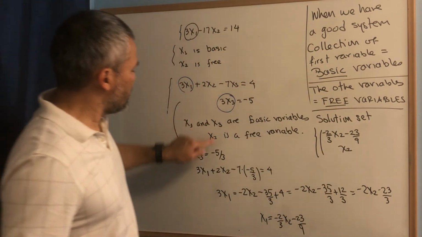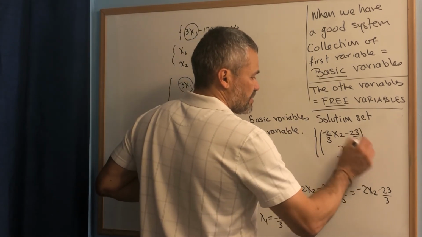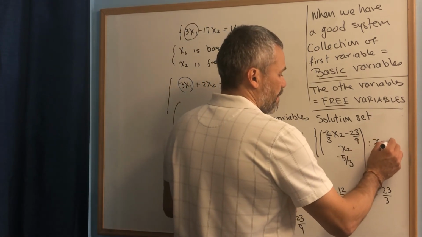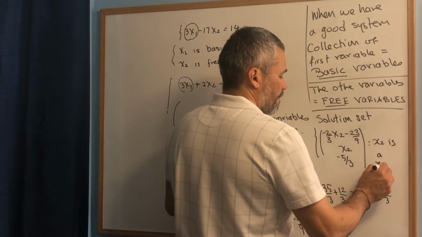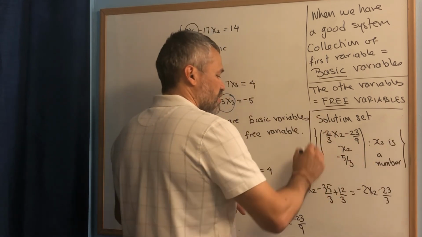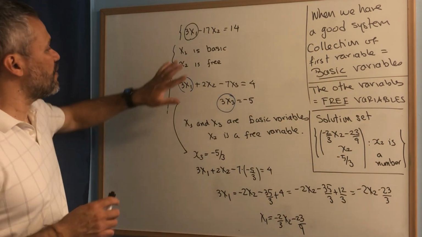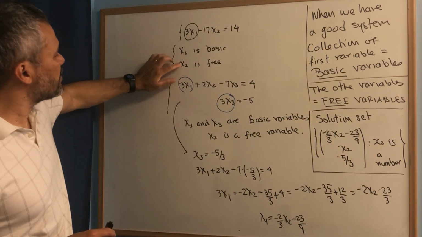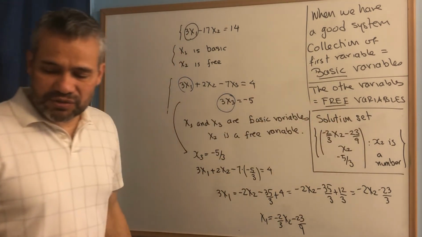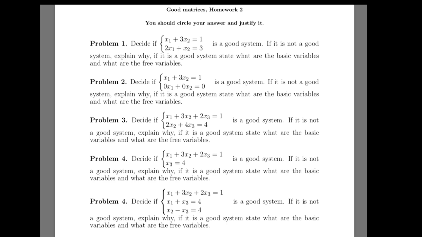And x3 is going to be negative 5/3. And then we say the points like this such that x2 is a number. This is the solution set. Then in general, we're going to use the free variables as parameters, and we're going to solve for the basic, and then we're going to organize the solution like this. Please do this homework.